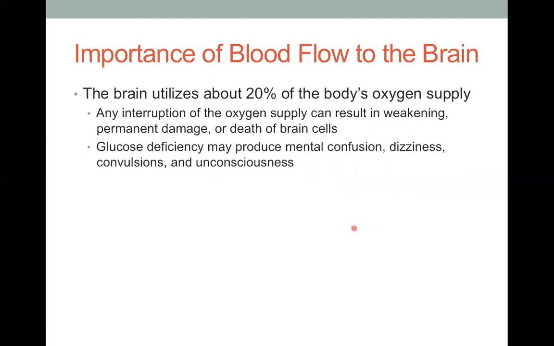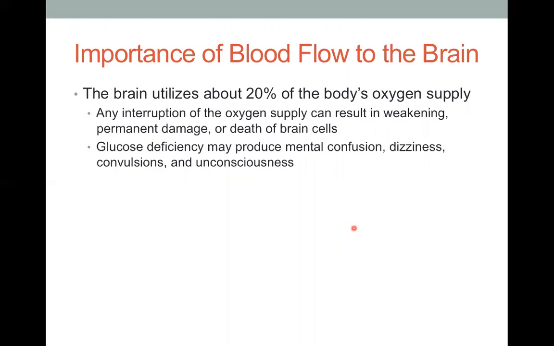Although our brain is only about 2% of our total body weight, it utilizes about 20% of the oxygen of the entire body. The brain is one of the most metabolically active organs of the body, and the amount of oxygen it uses will vary with the degree of mental activity being performed.